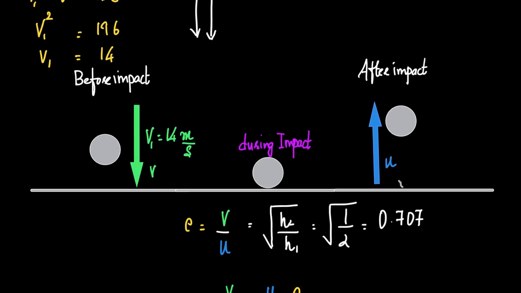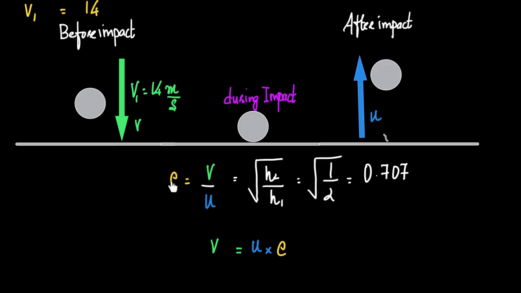And we just said that e is v by u. What is v? Final velocity after impact. What is u? Initial velocity, that is before impact. So e is v by u if you write it in terms of final velocity by initial velocity, but this is final after impact by initial before impact.